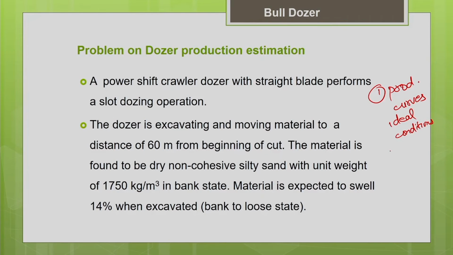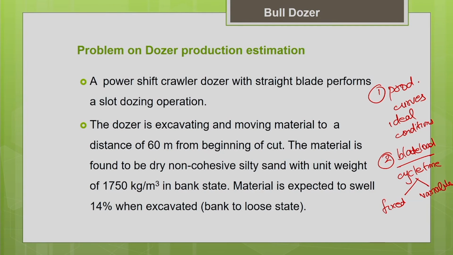That is one way. The other method we learnt is to estimate the blade load. We need to know the blade capacity and then we need to determine the cycle time. How do we determine the cycle time? To determine the cycle time, you need to know the distance. There are parts of the cycle time, the fixed cycle time and the variable cycle time.